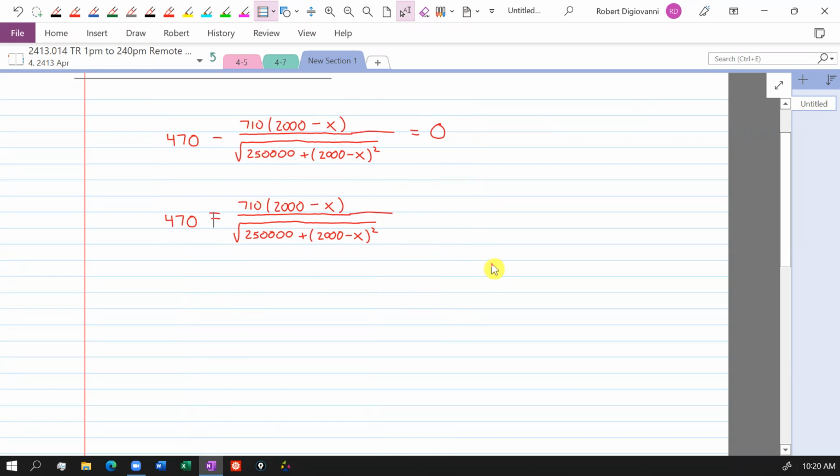Then what I'm going to do is I'm going to not cross multiply, but I'm going to multiply both sides of the equation by this square root thing. And what that's going to do is clear the fractions. So I multiply by this square root on this side, and then I do the same thing on this side.